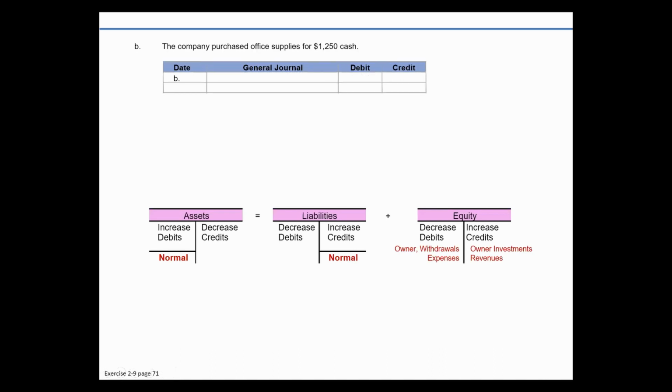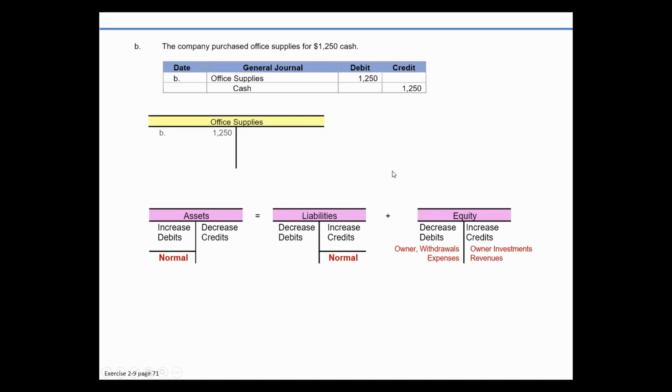Let's look at one more. The company purchased office supplies for $1,250 in cash. So we'll debit office supplies, the amount of $1,250. Then what would I do? You credit cash. So office supplies would be debited $1,250, and cash would be credited the same amount.